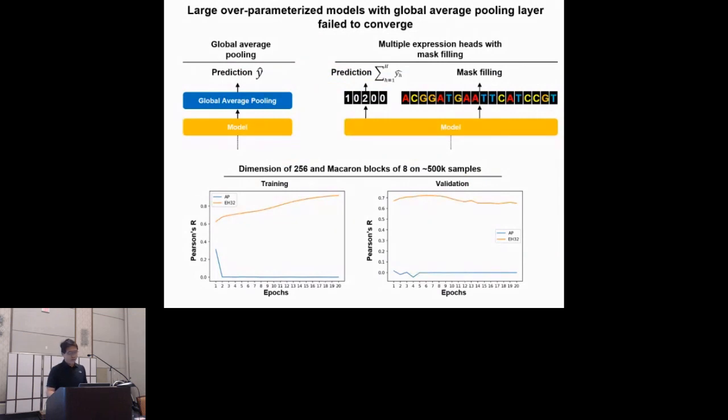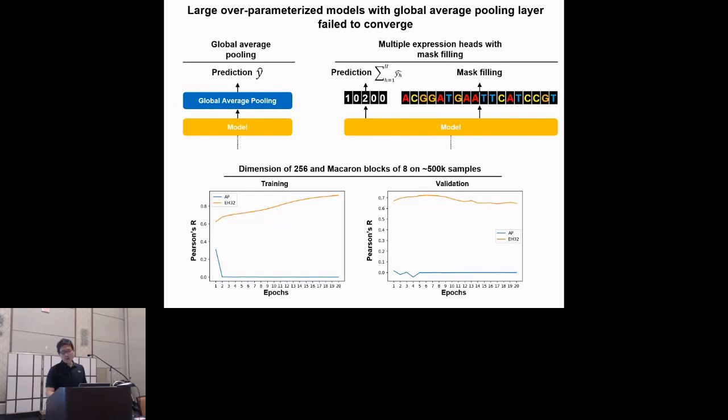The global average pooling layer at the top of the neural network is very commonly used for regression and classification tasks. However, we found that when applying global average pooling at the top of a very large transformer model, the whole model sometimes fails to converge when training on a relatively small amount of data.